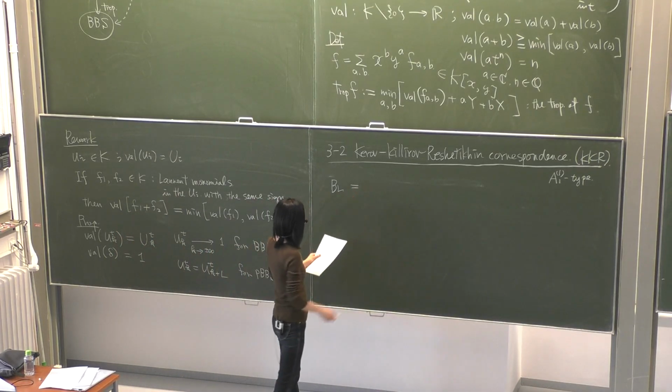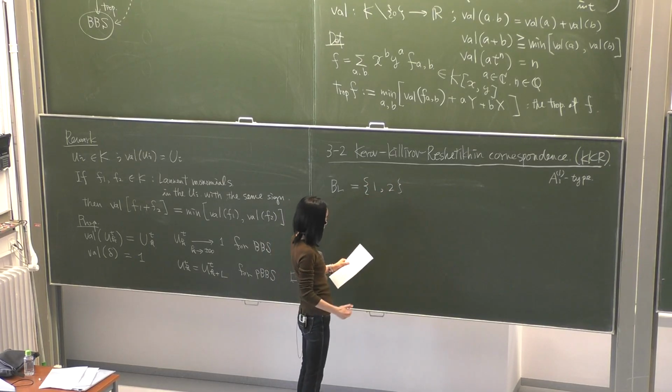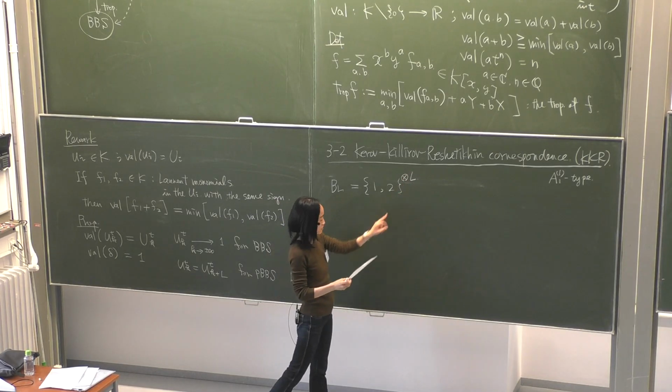B_L is the set of sequences of 1 and 2, the tensor product of L copies of the set {1, 2}.